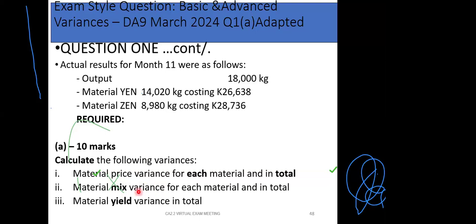For mix and yield variances, you have to pick the individual materials. We said you can only calculate these variances if you have 2 or more ingredients. So just this part, the question says, slide 46, we go to 47.